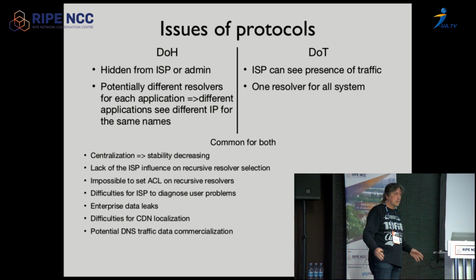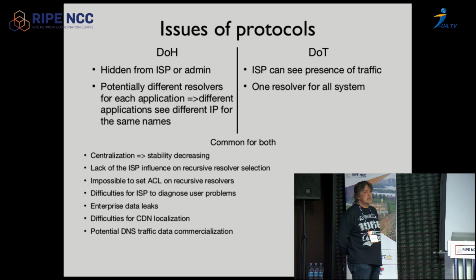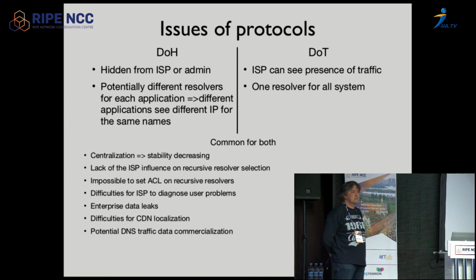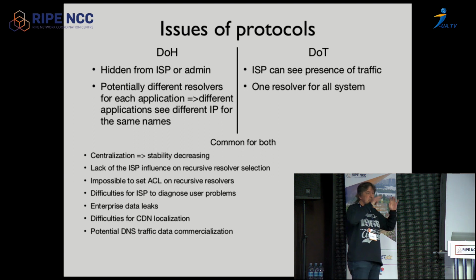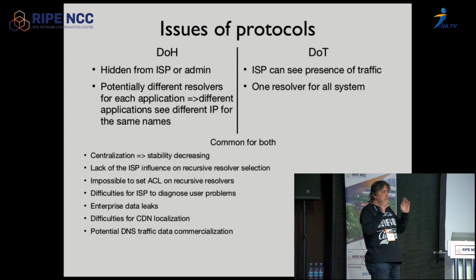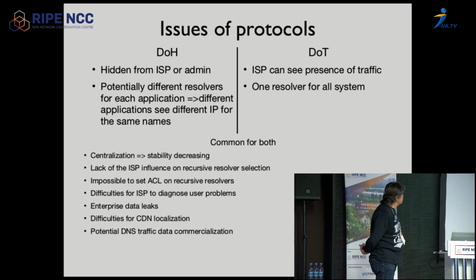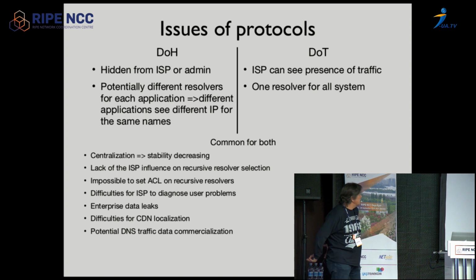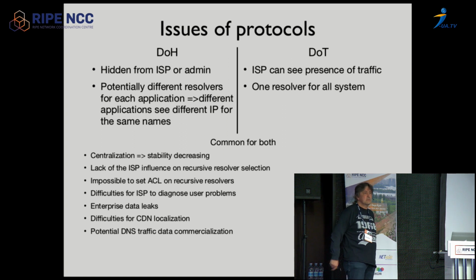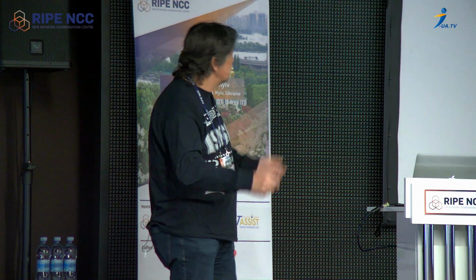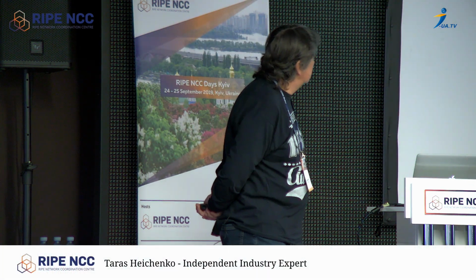You are open to the world. Whatever they answer, you will deal with that. And this will be also the problem of the network you will be using, especially if it is an enterprise network. You got malware and it spread over your network, and yeah, that's the result. So that's the impossibility to install access lists for recursive resolvers. The recursive resolver is public, and that's it.